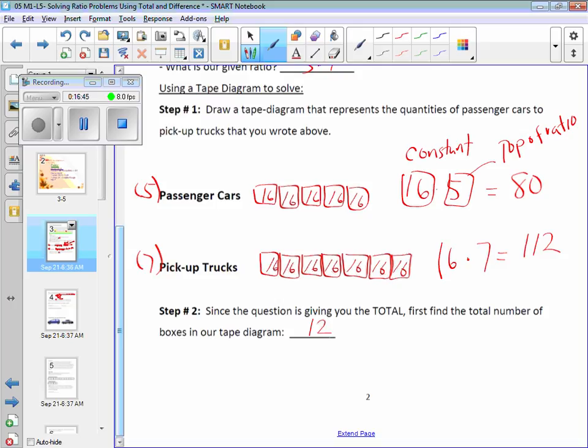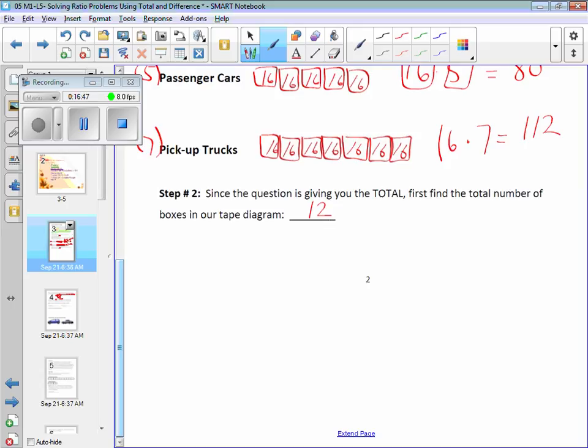What was my original ratio? 5 to what? What's now my new ratio? This was, by the way, passenger cars to pickup trucks. What's my new ratio? Passenger cars to pickup trucks.